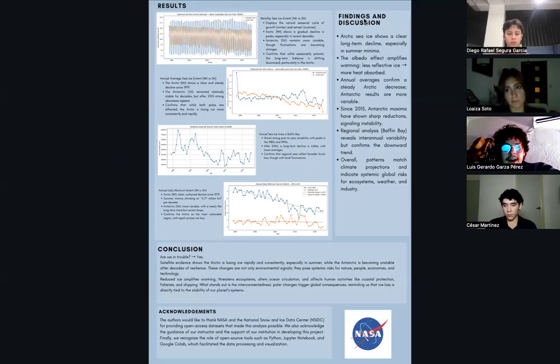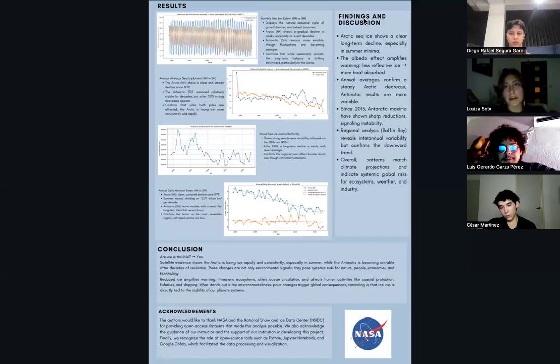And lastly, we have the annual daily minimum extent, which shows the minimum size that the caps measured, and they both get trend lined, which shows a bigger downward slope on the Arctic and a slightly less downward, but more variable slope on the Antarctic.